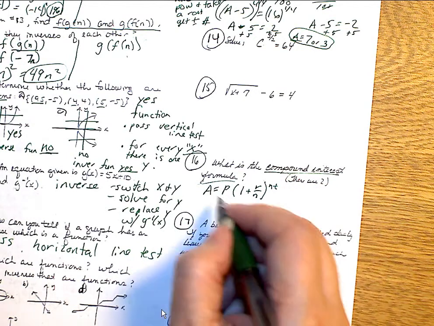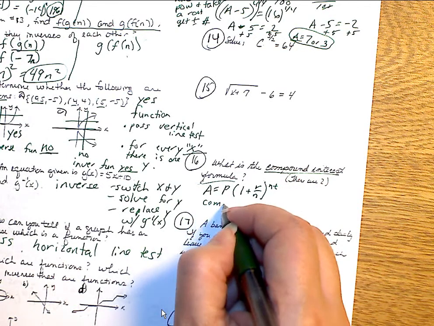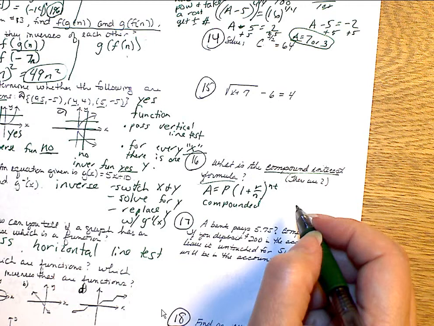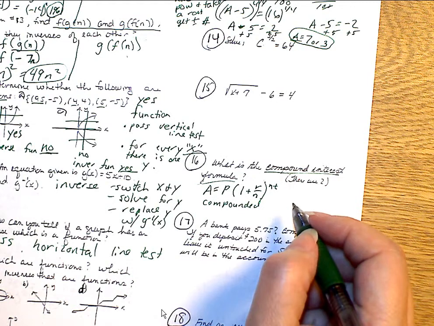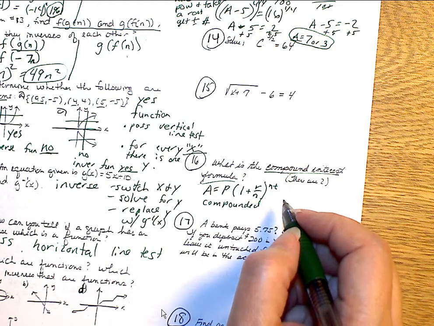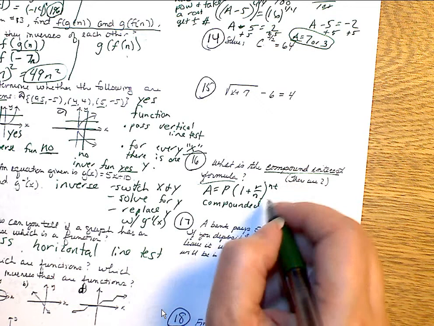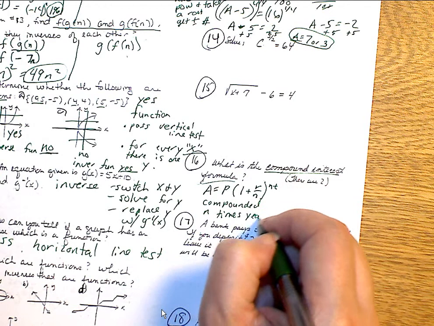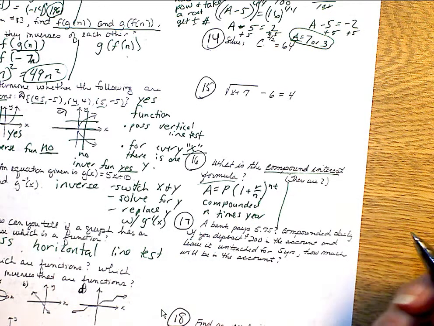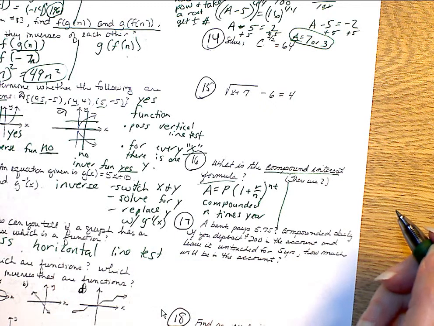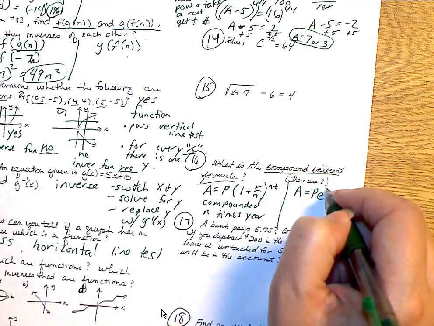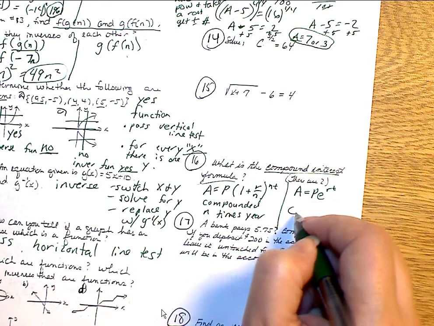This is called compounded n times a year. The other one is compounded continuously. Does anybody remember what compounded continuously is? It's the PERT, yep. So it's A equals Pe raised to the rt, and that's your compounded continuous.